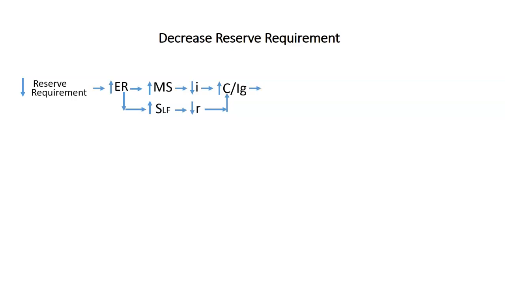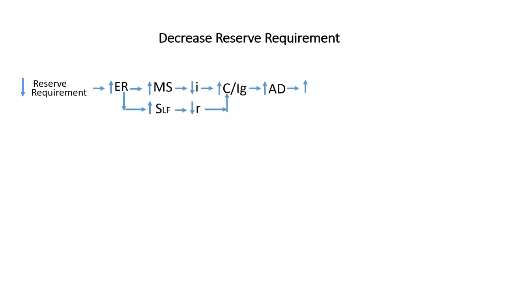An increase in consumption and investment spending is going to increase the aggregate demand curve. So now with our ADAS model, show an increase in aggregate demand and the impact that that will have on price level and real GDP.